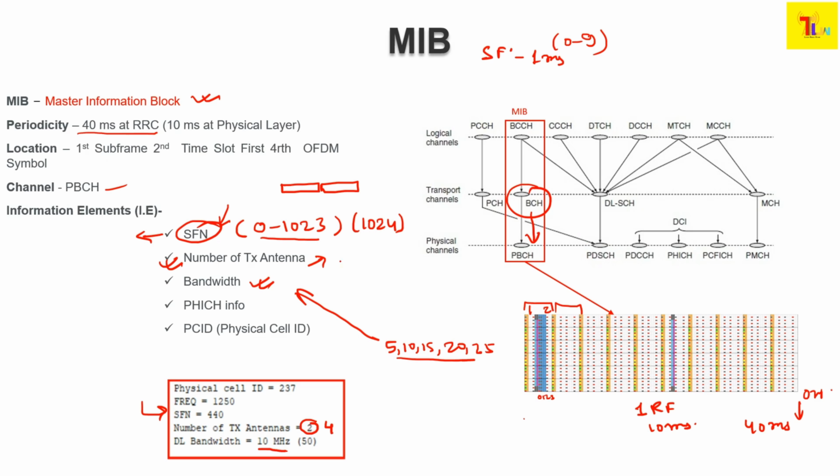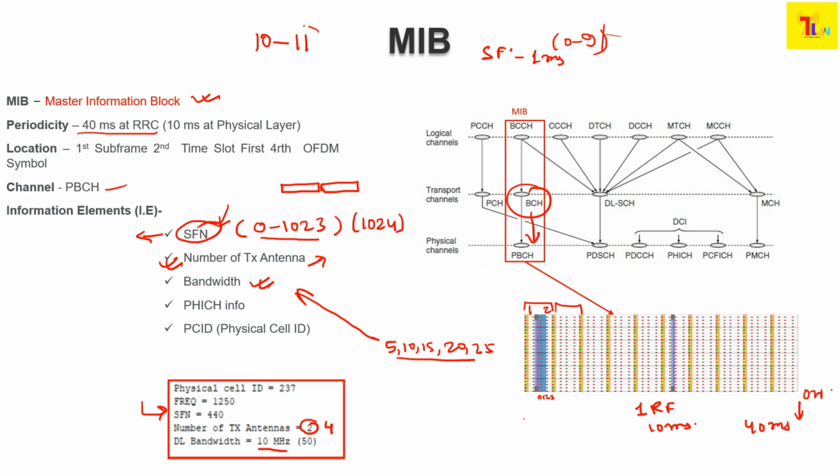In simple language, suppose we are at SFN number 10. The subframe number count will tick from 0, 1, 2, 3 up to 9, and then SFN ticks to the next number, from 10 to 11.